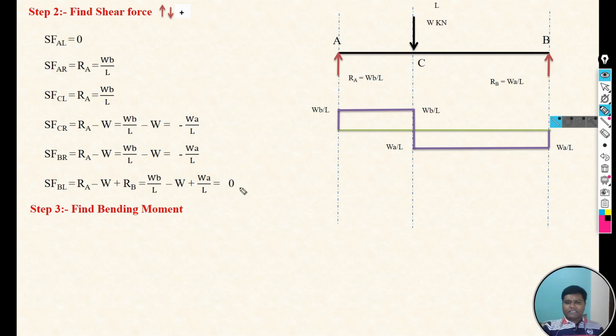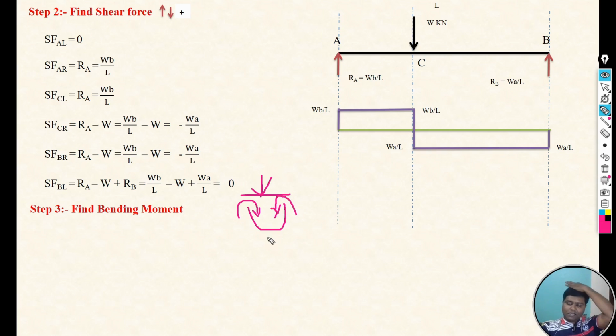How can we consider sagging? Just consider one beam with the point load towards the downward, so that beam will bend like this. It means the moment at the left point is clockwise and the moment at the right point is anti-clockwise. So this is our sagging bending moment concept.